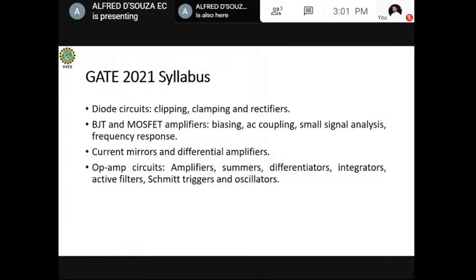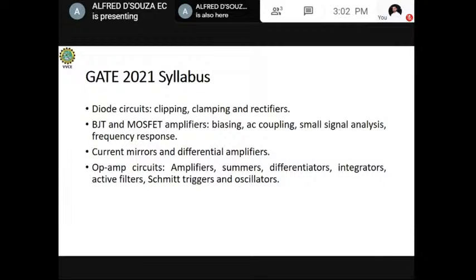Then current mirrors and differential amplifiers are also included. The last part is the op-amp circuits, in which amplifiers, adders, differentiators, integrators, some active filters like low-pass filter, high-pass filter, and band-pass filters, and non-linear circuits such as Schmitt triggers and oscillators are included.